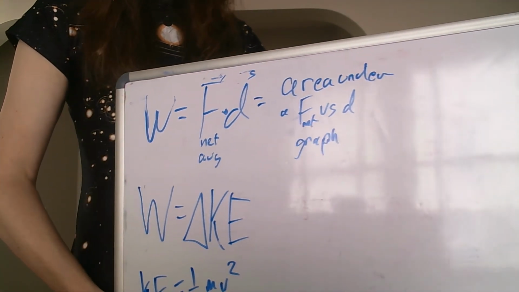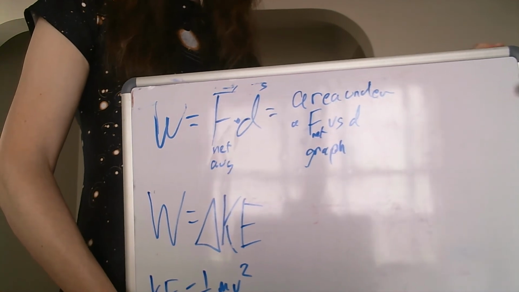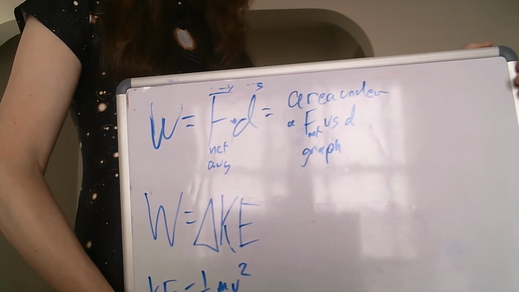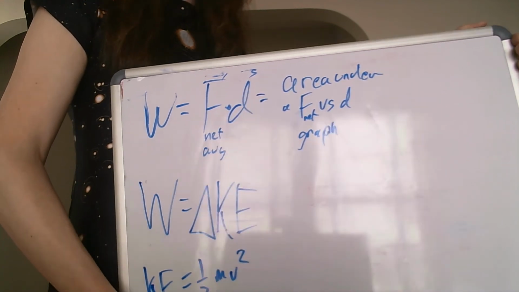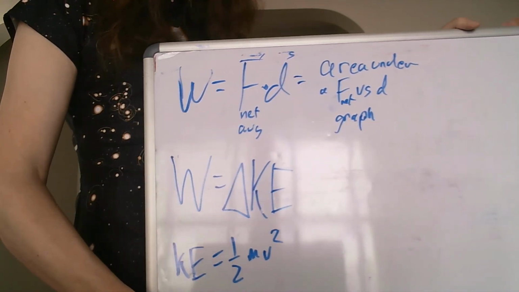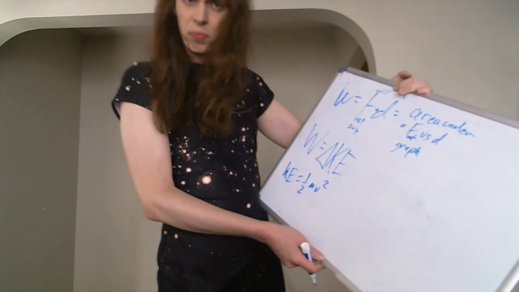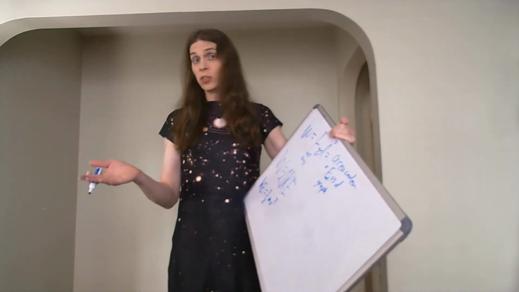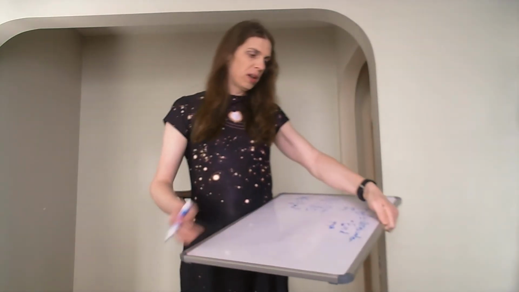And if you have the force changing in more complicated ways, you have to use more complicated math to figure that out. That's integral calculus, which we're not using in the CP1 class that this video goes with.